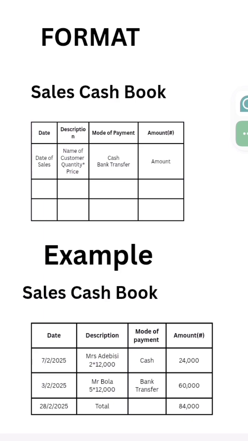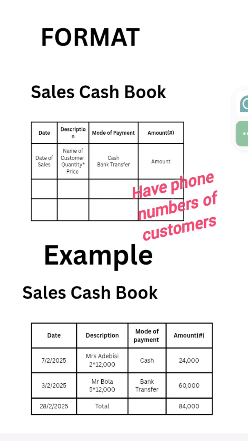Are we together? So you must have the numbers of your customers so that when you have those issues, you can communicate and tell him, Oga, I received your second alert, that was an error. I'll be sending you back your money.